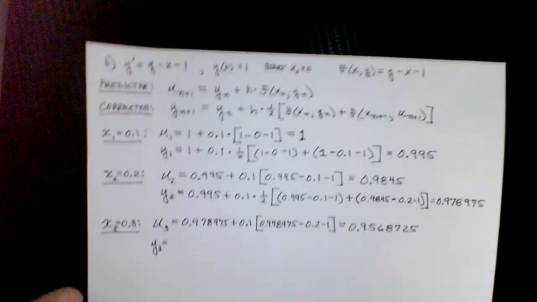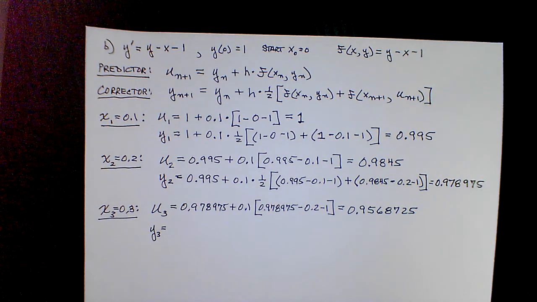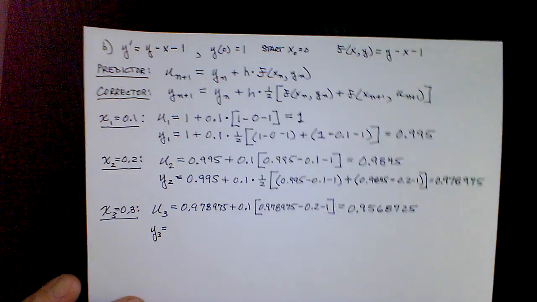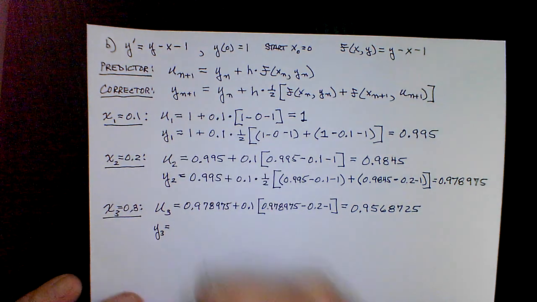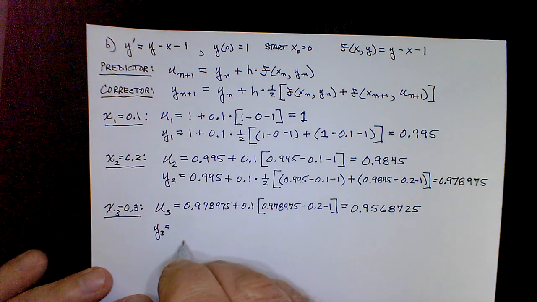You want to try to carry as many decimals along as you can, because if you cut them short too early, then you definitely get some error due to rounding. So I'm going to carry them along as far as I can.